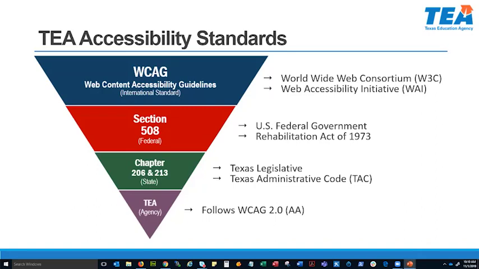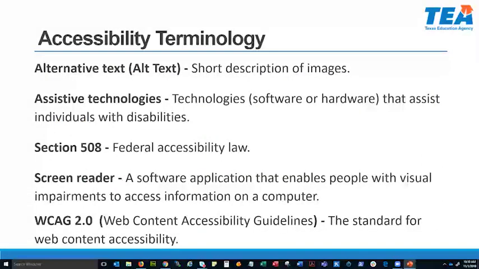Throughout the training, you'll hear me say some words that you might not be familiar with. These terminology terms all relate to accessibility. Alternate text or alt text, that's a short description for images or anything that's a visual element. Assistive technologies, that's any kind of software or hardware that assist individuals with disabilities to use a computer or any kind of electronic device.